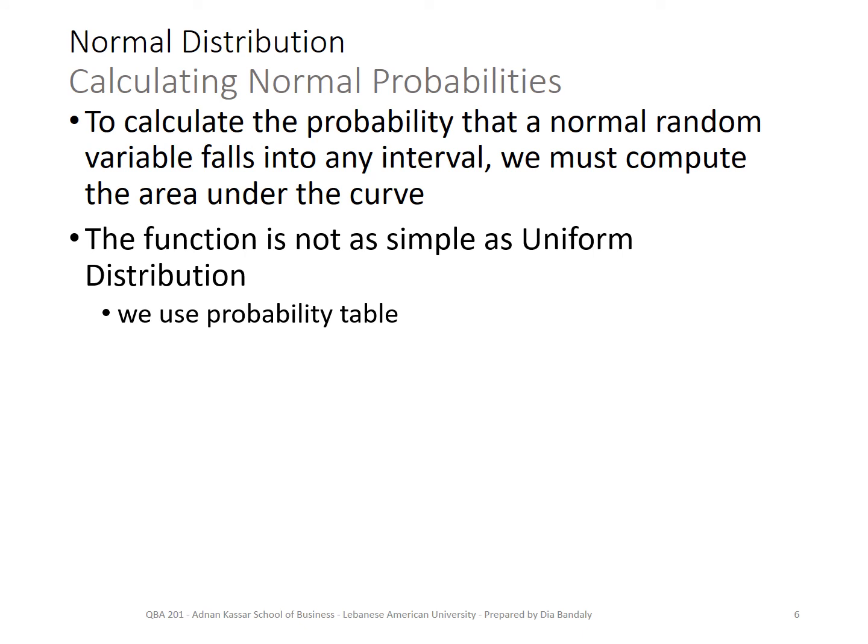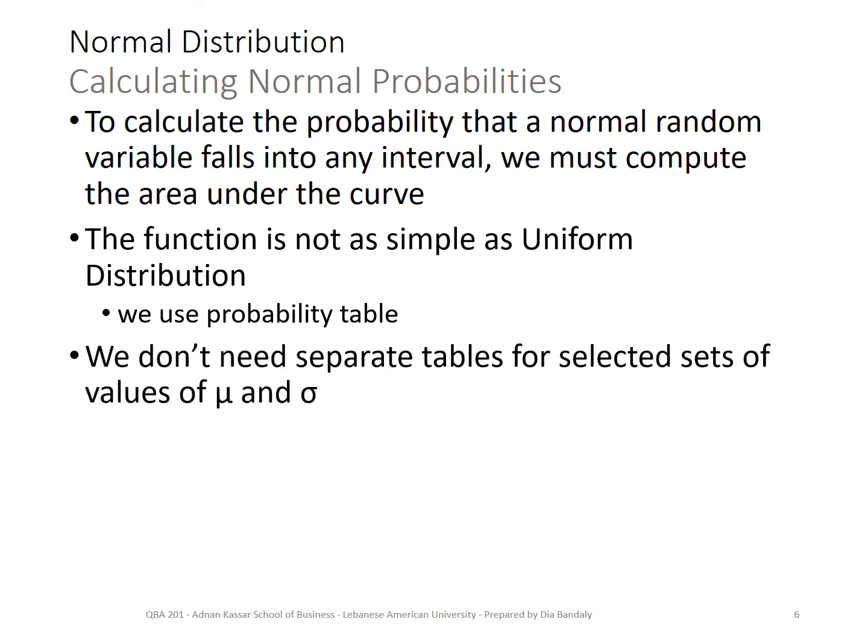However, because we know that a normally distributed variable has two parameters, mu and sigma, it would not be practical for us to have a table for every combination of mu and sigma, right?